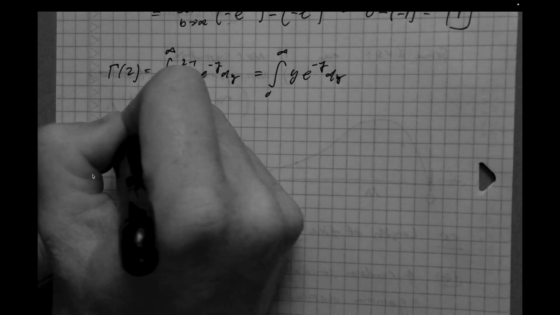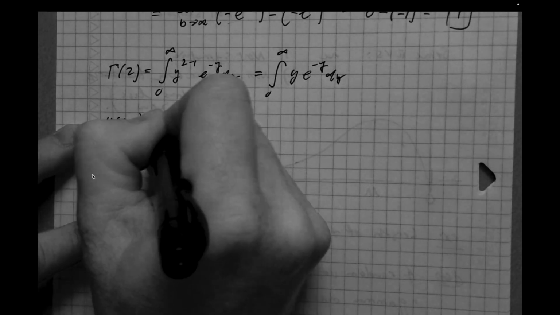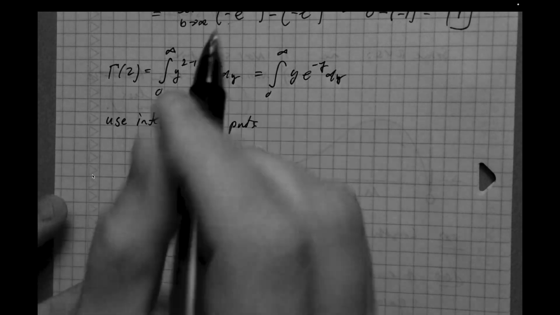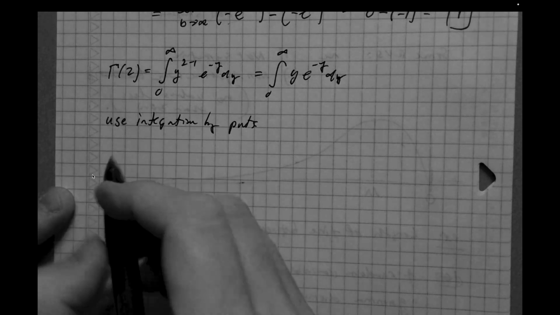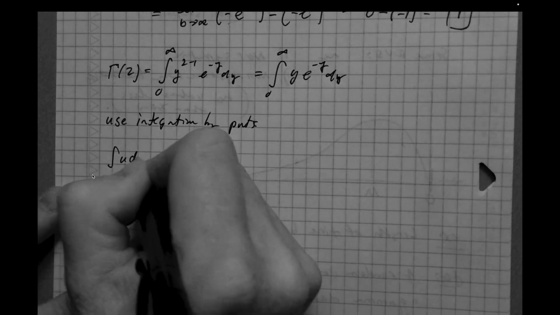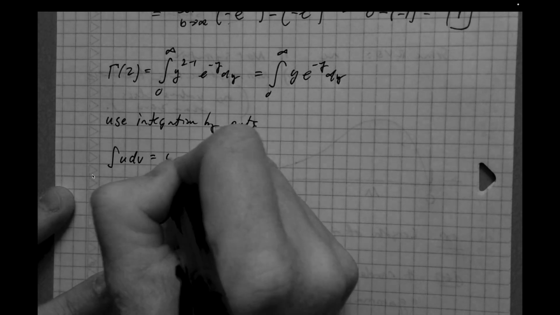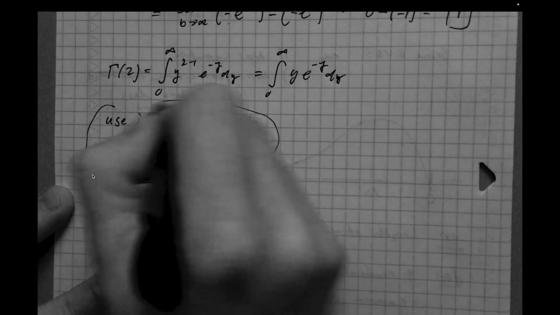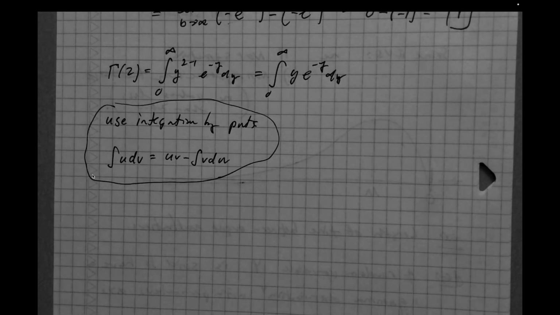So remember how that goes: the integral of u dv equals uv minus the integral of v du, right? That's the formula to recall.